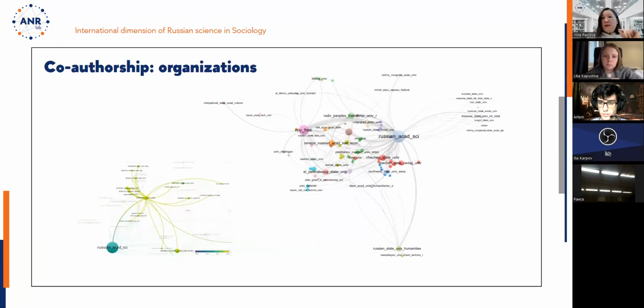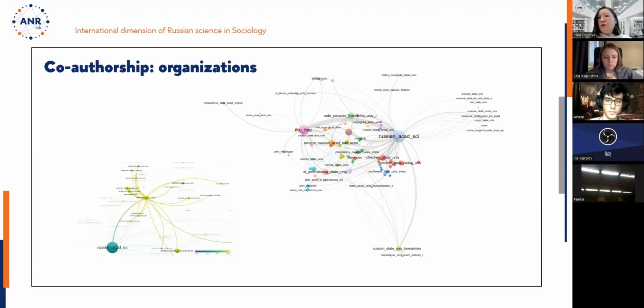But what we see on this map of organizations are two basic nodes, the High School of Economics and the Russian Academy of Sciences. Such maps also show us so-called rising stars.